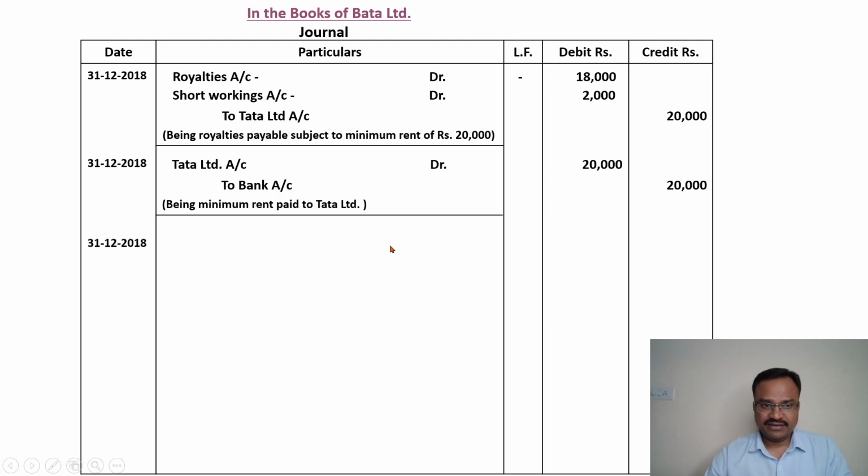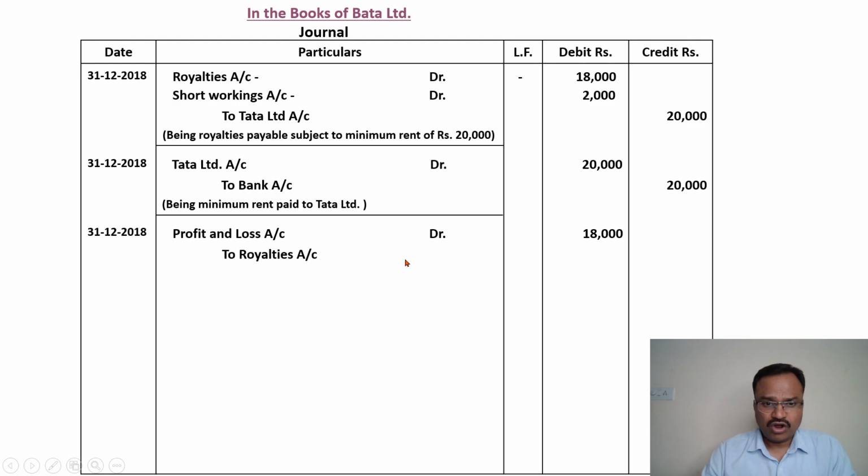And the third entry, we need to pass the third entry. Here we transfer the amount of royalties to profit and loss account. So the third entry is profit and loss account debit to royalties account. Okay, so as I said, in the third entry we transfer the amount of royalties to profit and loss account.